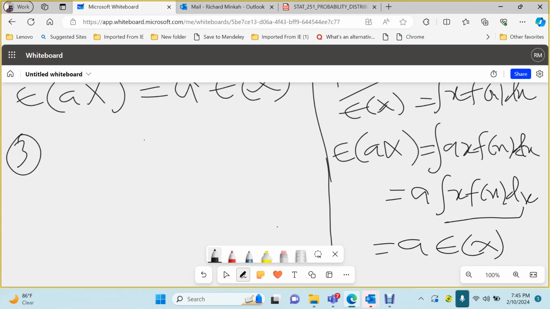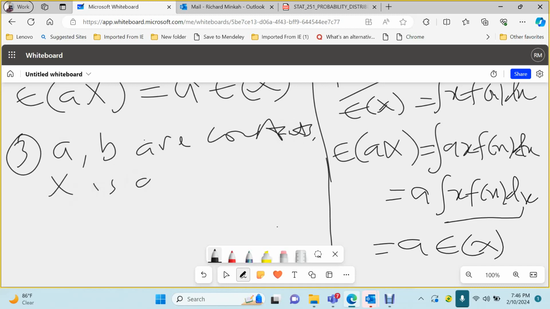Three. A, B are constants. X is a random variable. Then can you tell me what will be the expectation of A plus BX? From what we have done in 1 and 2, what is the expected value of this?